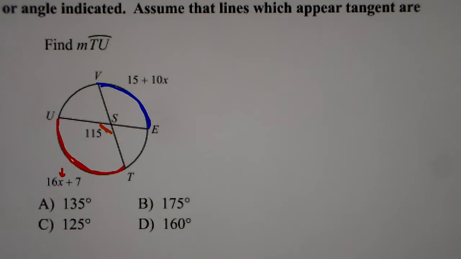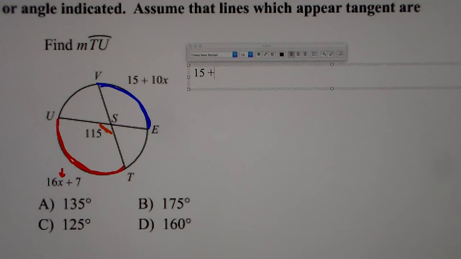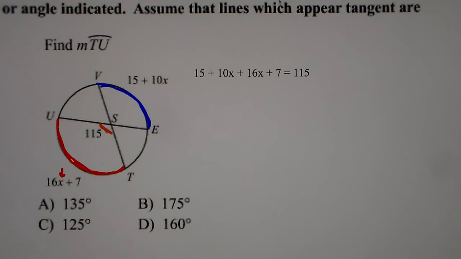So I'm going to type this out. 15 plus 10x plus 16x plus 7, divided by 2, is equal to 115. So that whole entire thing divided by 2 is equal to 115.